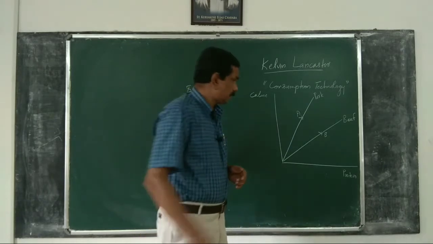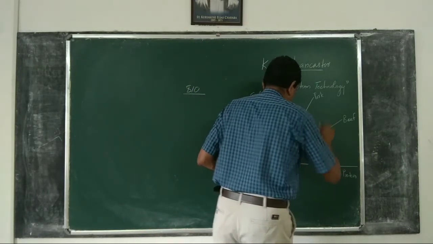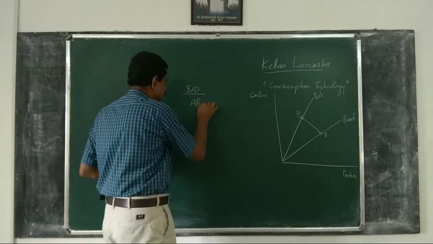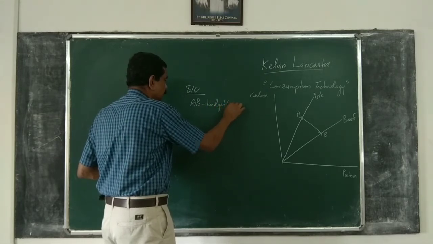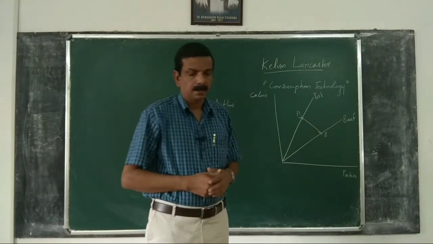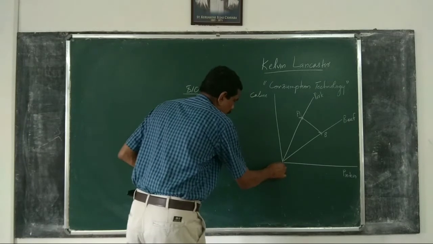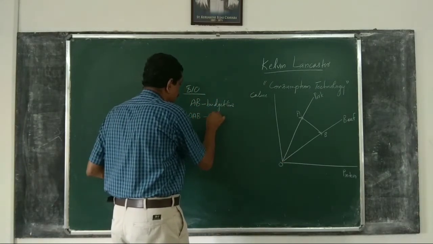Now, the budget line is AB. And OAB is known as the feasible region.